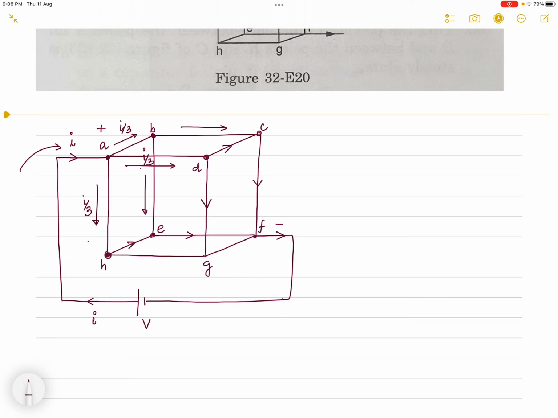Okay. Now moving forward, the I by 3 current that reaches from A to B will divide equally across the paths BC and BE.